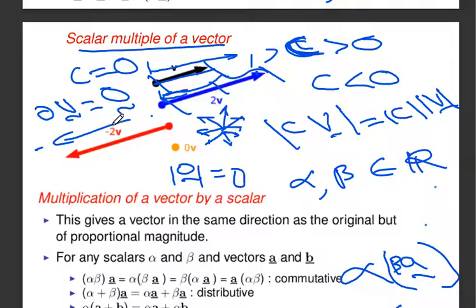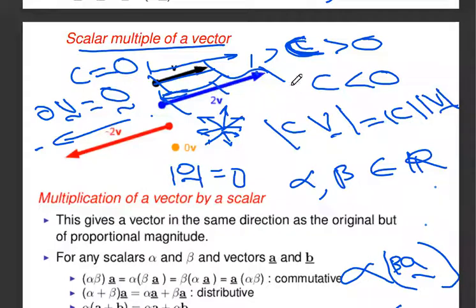If the scalar is negative, the direction changes. If it is greater than 1, the vector is stretching in the other direction.